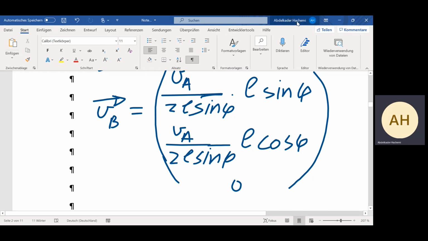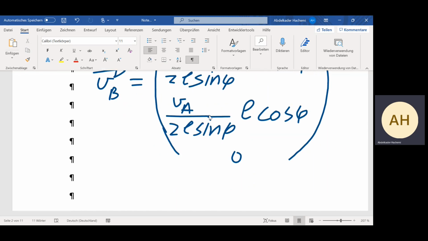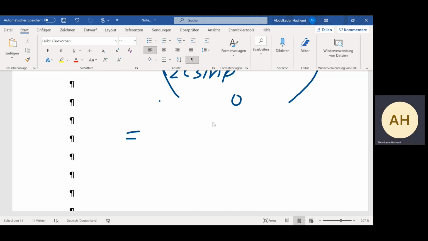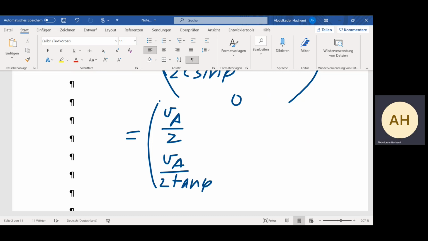Okay, then if you replace each value, you get here VA divided by 2, VA divided by 2 times tangent phi, and 0.